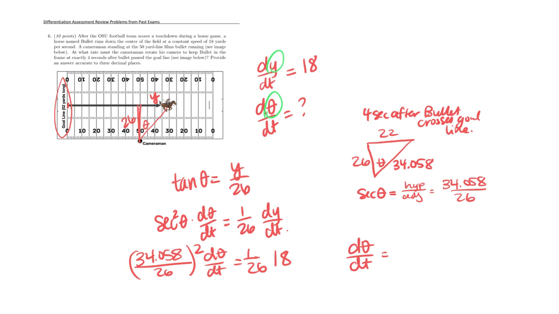And so I get 0.43. And that will be in, well, theta is measured in radians per second.